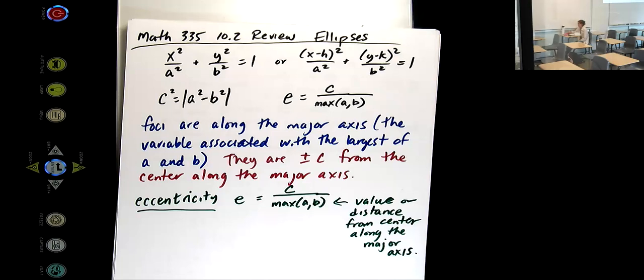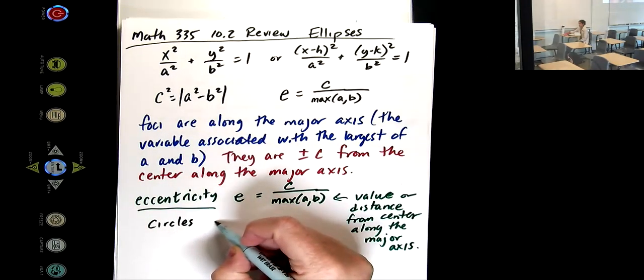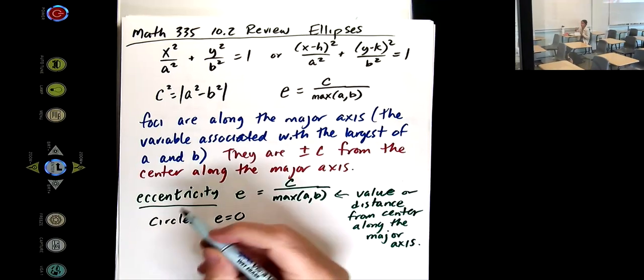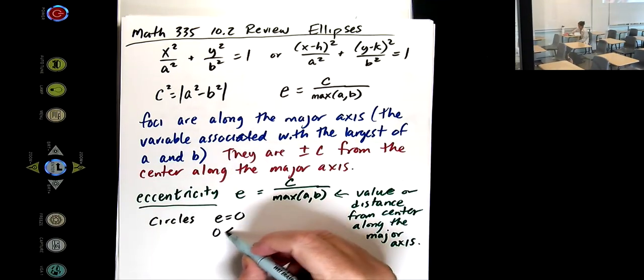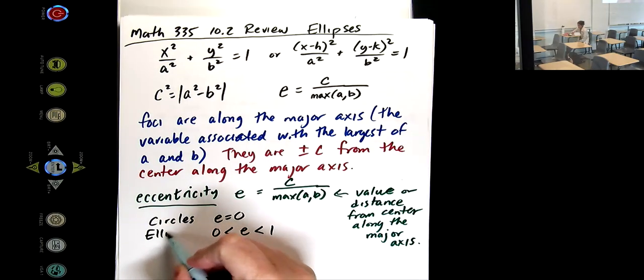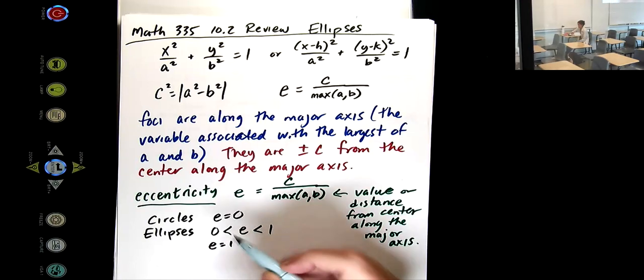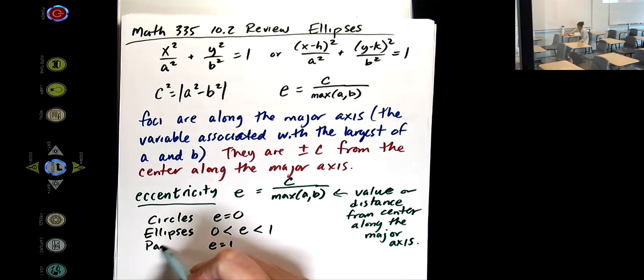For eccentricity, circles have an E equal to 0. When E is larger than 0 but less than 1, this is where we get our ellipses. When E equals 1, that's where we have our parabola.